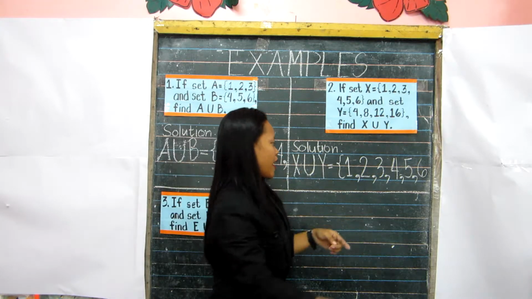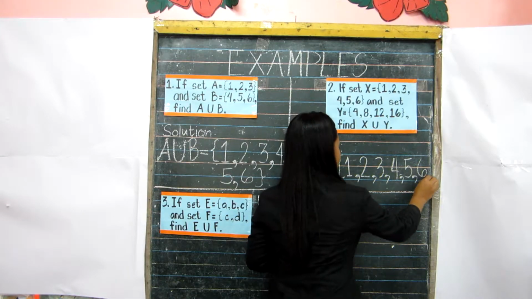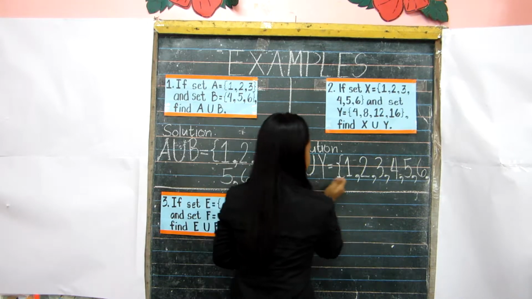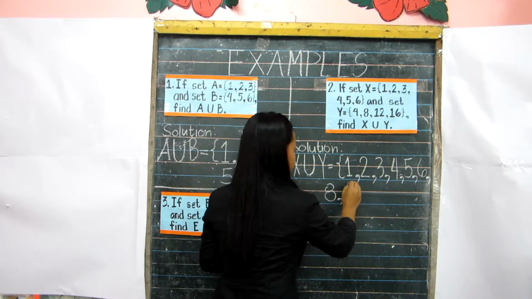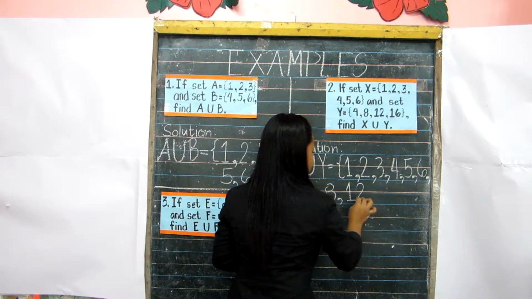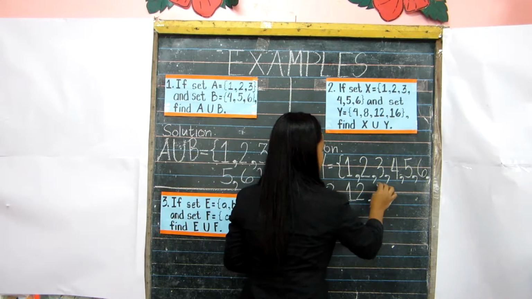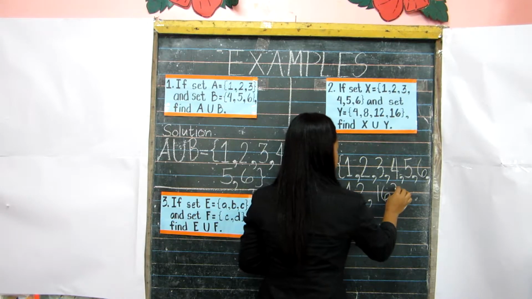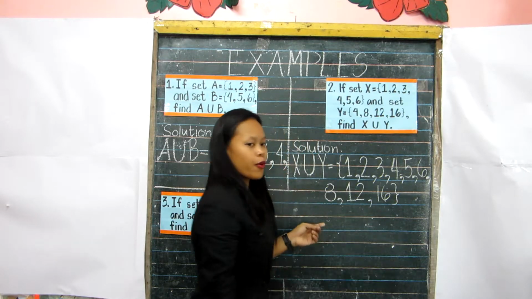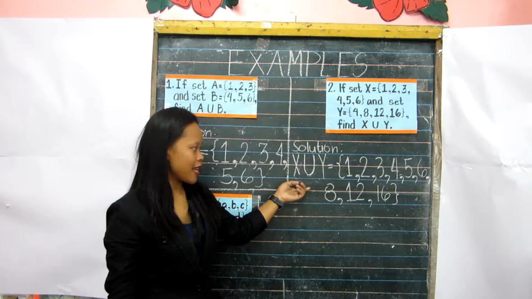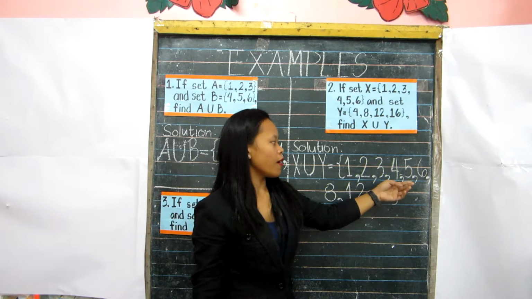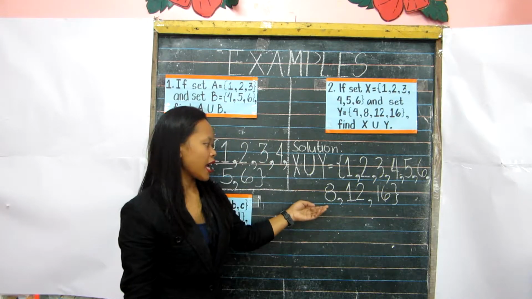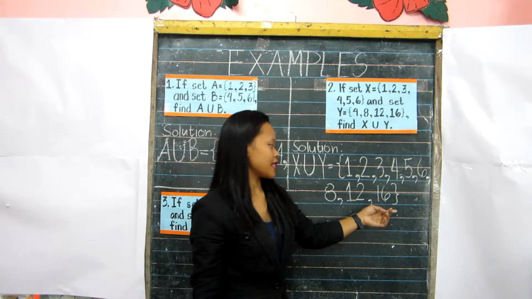So let's proceed to 8, 12, and 16. Therefore, our X union Y has the elements 1, 2, 3, 4, 5, 6, 8, 12, and 16.